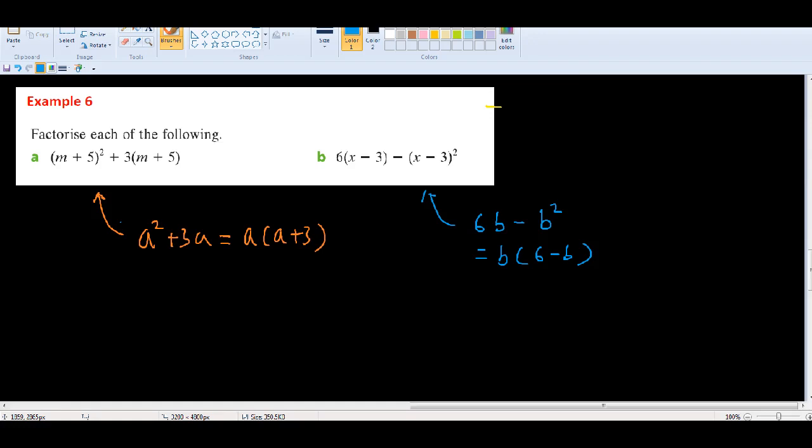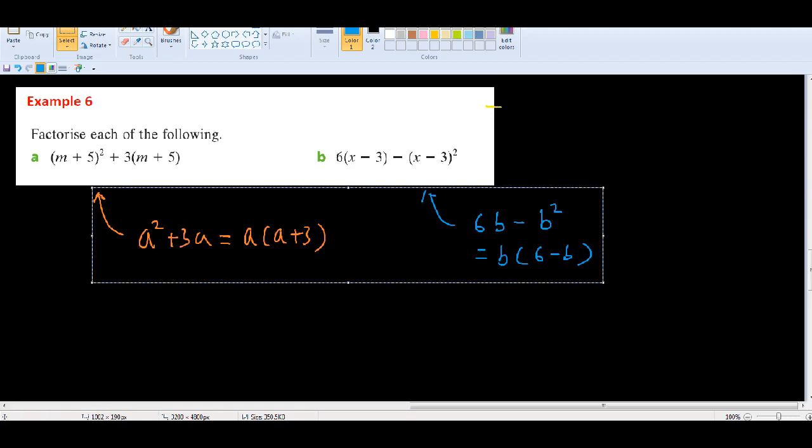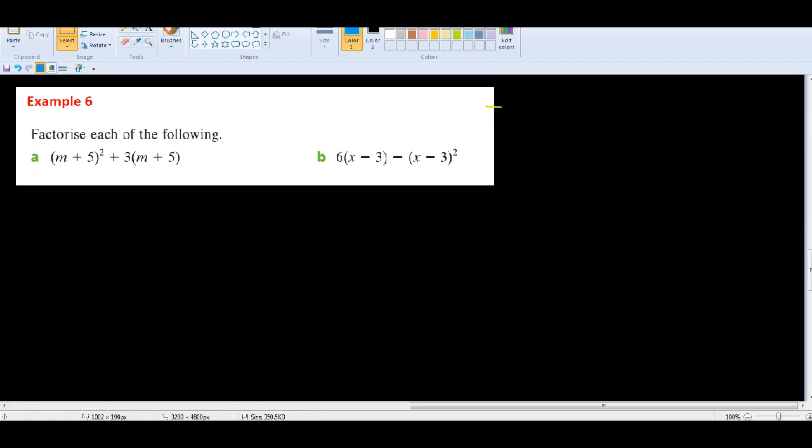If I just change that bracket binomial into a single letter, then it appears so familiar to you guys, doesn't it? But in the examination you need to know how to do this without thinking about A or B. We're going to use the same technique.